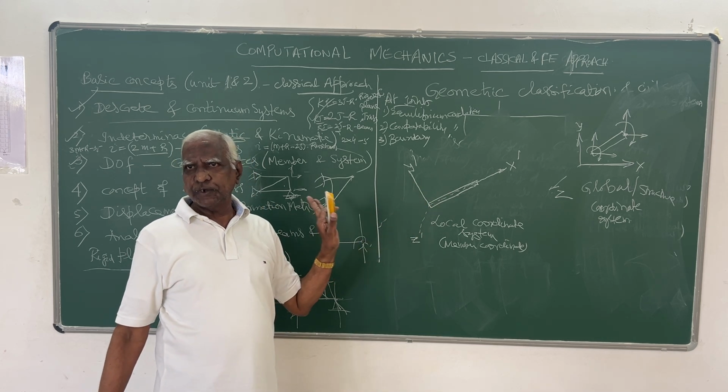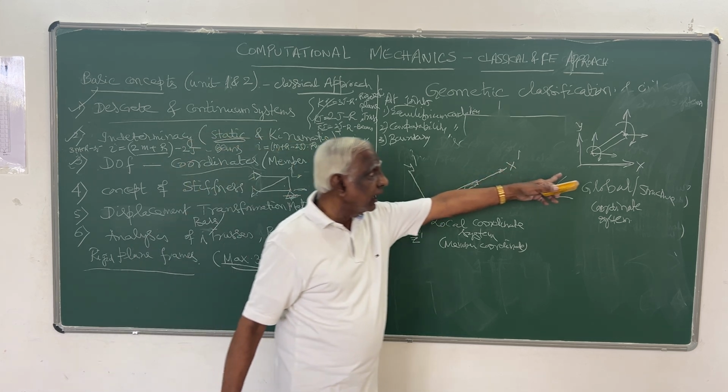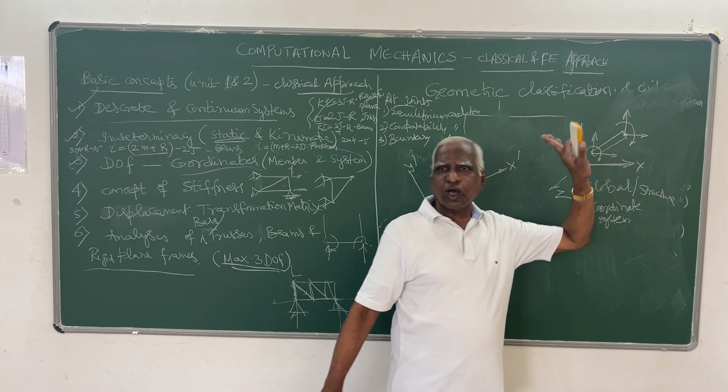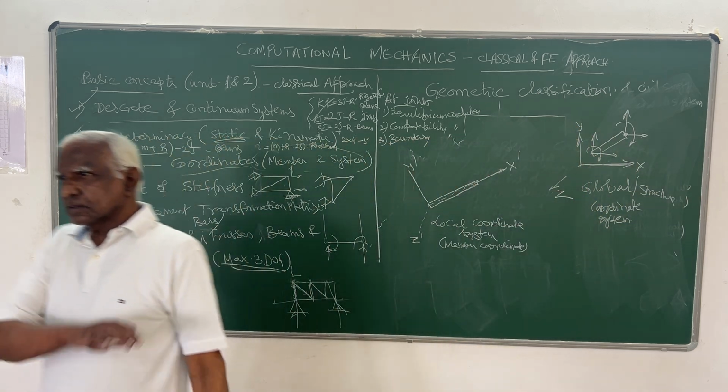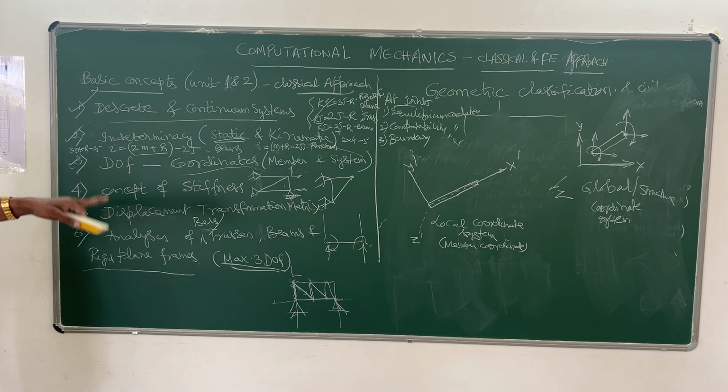The other two, normal to it, are chosen as the other two coordinates. Here always one of the axes is horizontal, the other two normal to it. Here it is always along the longitudinal centroidal axis. Longitudinal centroidal means it has to pass through the center of gravity of the member.